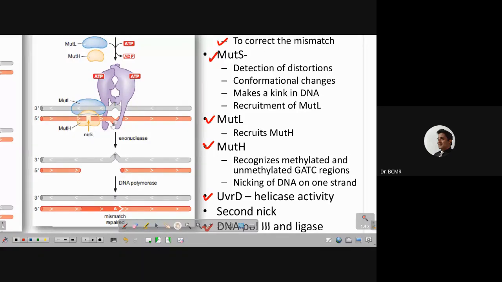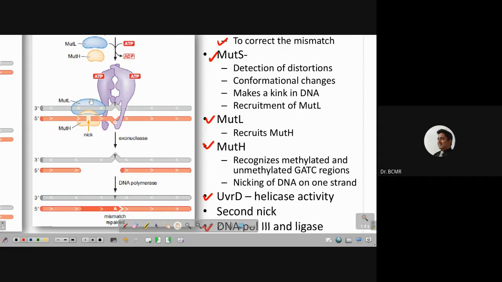You can see that, say, G and T are here. Which one should be removed? Should this G be removed or should the T be removed? Which one is the actual sequence that is supposed to be? What is in the parent strand is the true one. The mismatch happened in the newly synthesized strand, so the replacement of the newly synthesized part should happen specifically. Say, for example, if MutH has cleaved here and removed this part, is the repair mechanism repairing the DNA or establishing a mutation?